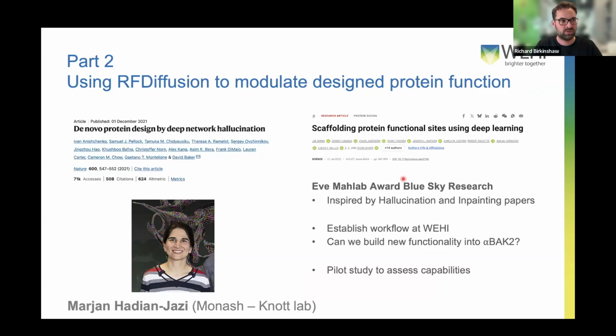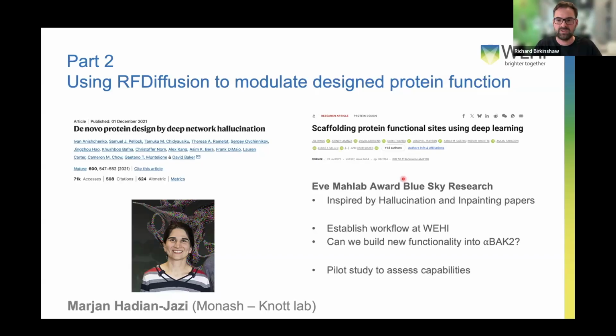We got a small bit of money together from this Eve Marlab Award for blue sky research. So we came up with a really blue sky project of how we might be able to use these deep learning approaches to modulate our established BAC binder and change its function.